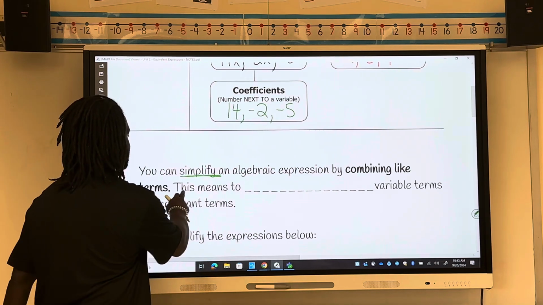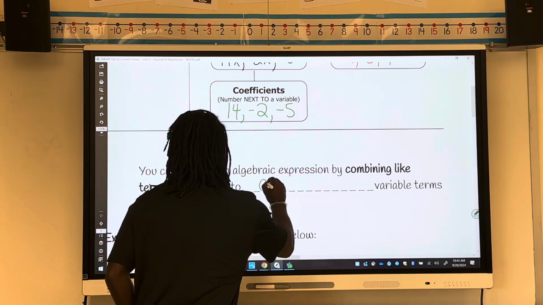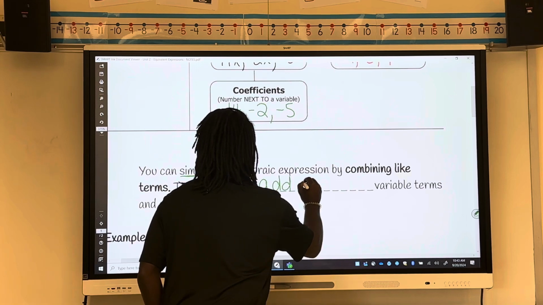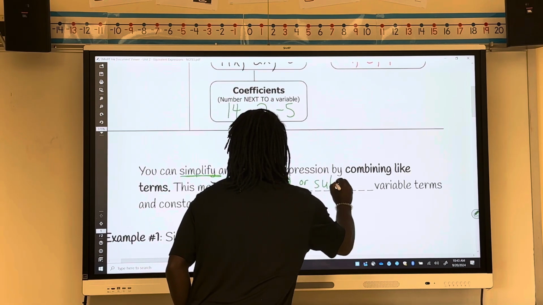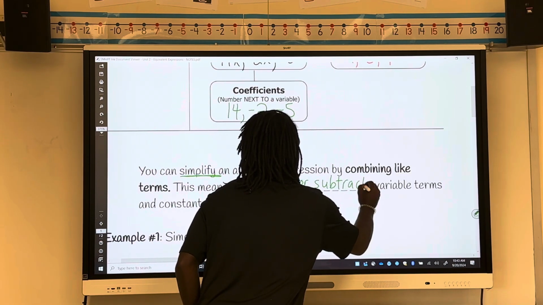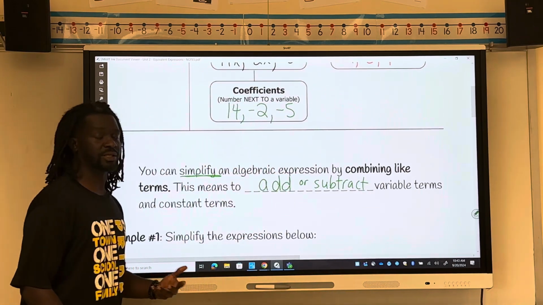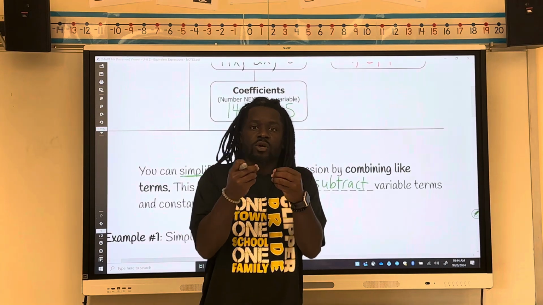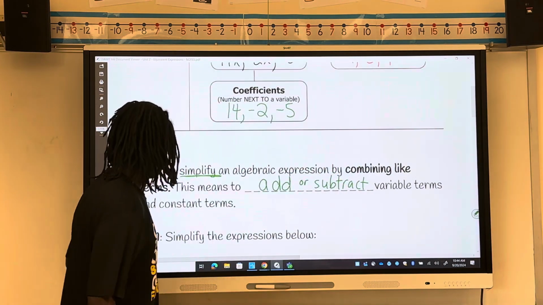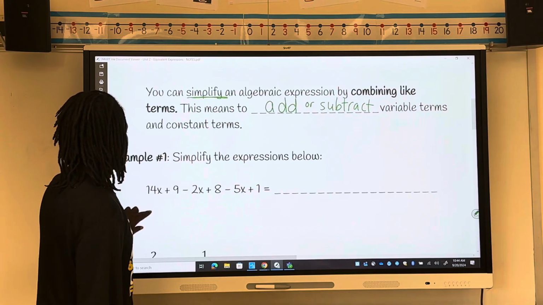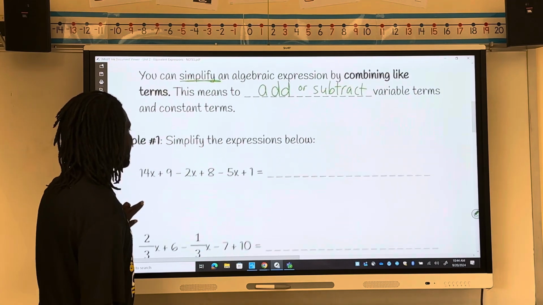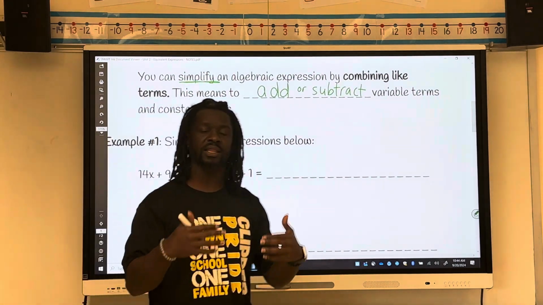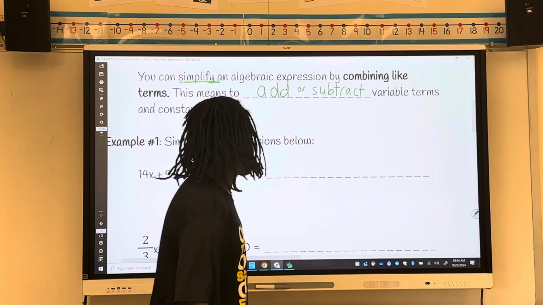We have to add or subtract the variable terms and the constants. In other words, we are adding or subtracting all of the terms that are alike. I have 3 examples that we are going to walk through together, and then you are going to do some examples on your own.